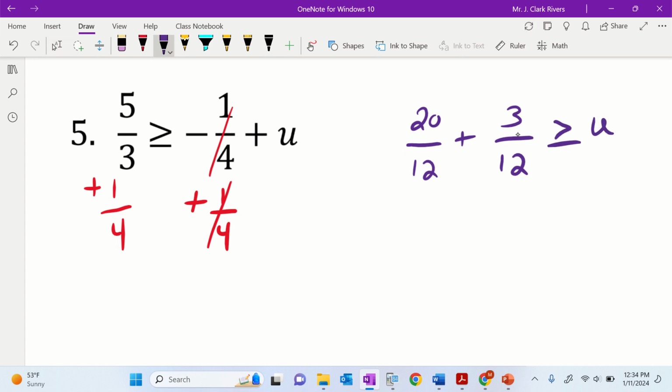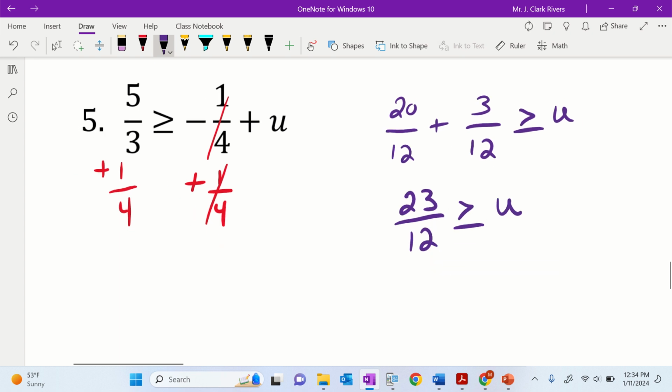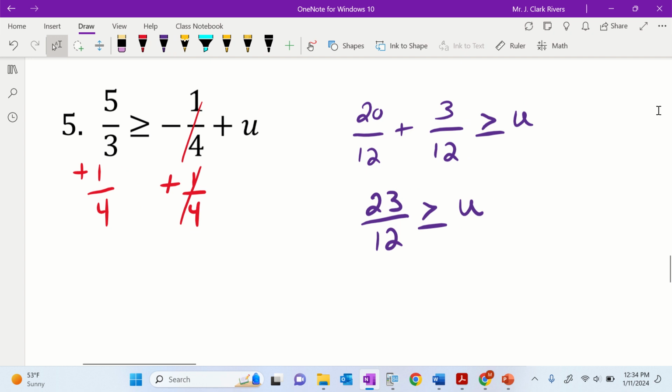20 plus 3 is 23 twelfths, and that's greater than or equal to u. Now, when we go to graph this, which we'll do in just a second, we want this variable to be on the left side. So we're going to take our variable u, and write it on the left, and then take 23 twelfths and put it on the right. But let's rewrite this 23 twelfths as a mixed number.